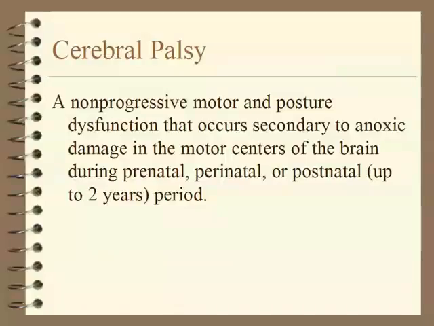Typically what we think about with CP is that the child has had some type of hypoxic episode. Again, generally we think about that as maybe with a traumatic birth, but as you can see by the definition, it really does include any of those hypoxic events that could have happened before, during, or even after birth.